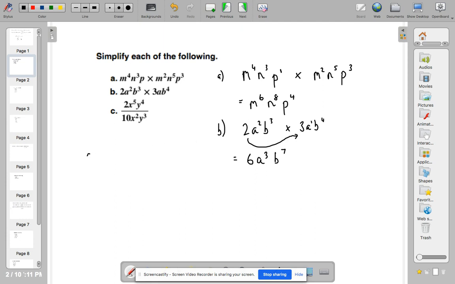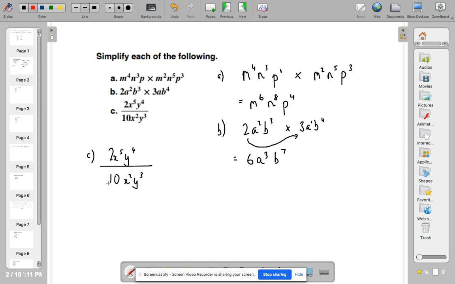Third example here is question C, which is 2x to the power of 5 over y to the power of 4 divided by 10x squared y cubed. Okay, so the first thing we're going to do here is cancel the numbers, because when we've got numbers like a 2 on the top and 10 down the bottom, we can cancel them out.